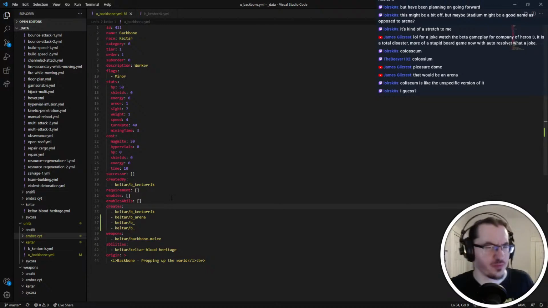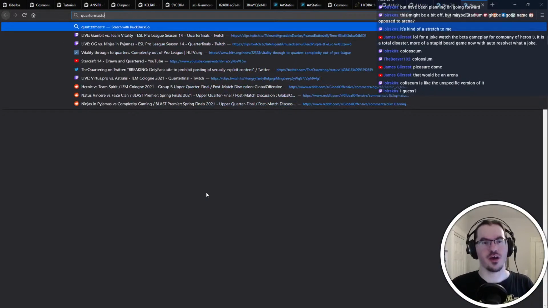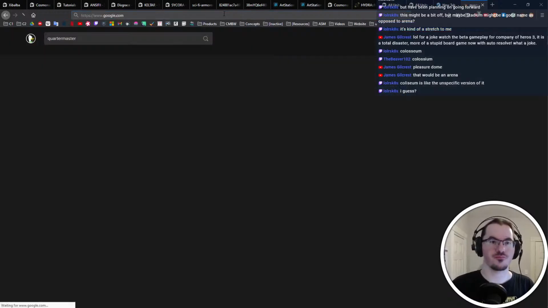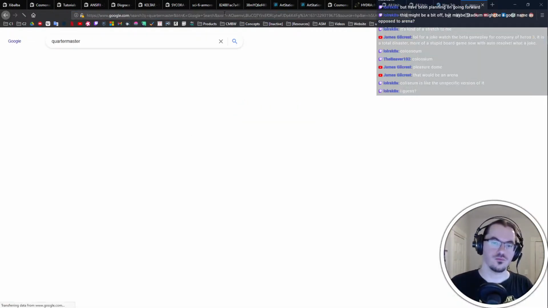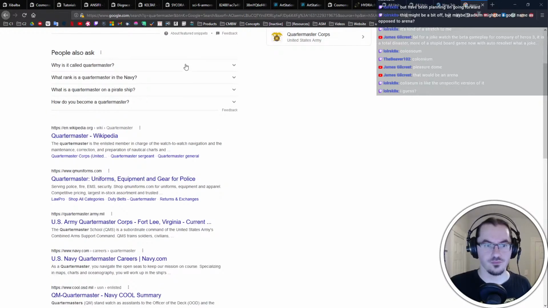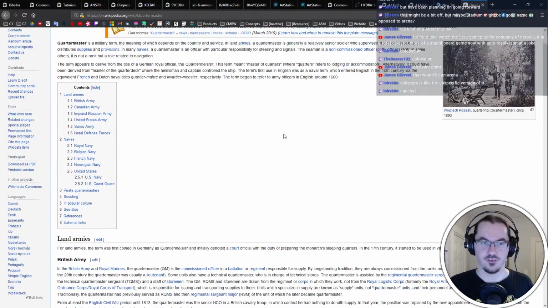And then there's the quartermaster, which I think had something to do with quartermaster. It looks like it's just a senior soldier that handles provisions.